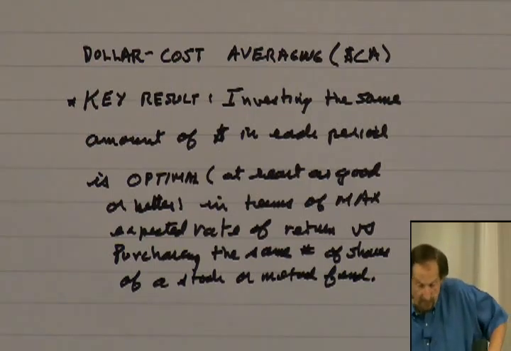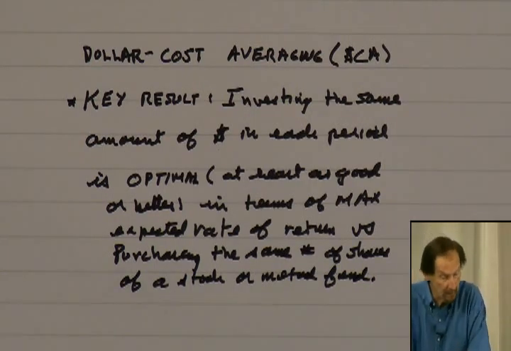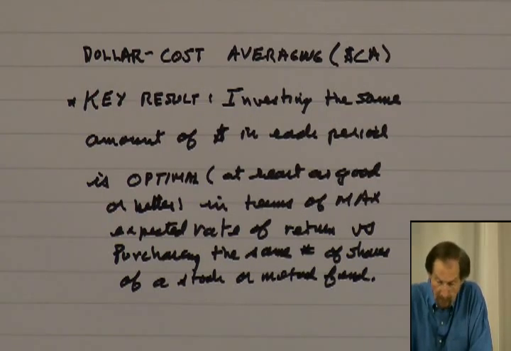Now, this is very, very important because in most people's retirement account, you put aside with your employer a certain amount each month. And typically, you don't change the amount that you put aside each month. So you put aside a constant amount. And you don't tell your employer that you want to buy 10 shares every month.